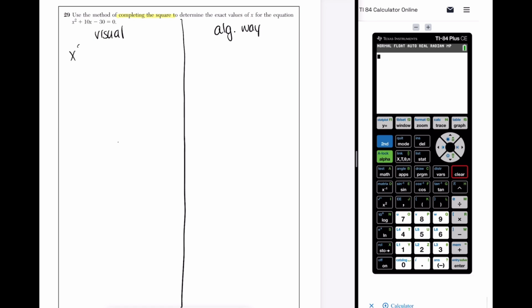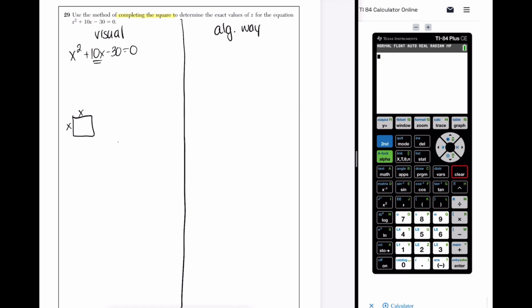So I have x squared plus 10x minus 30 is equal to 0. So if I'm starting this off, here's my first square, x times x, that's what makes it x squared. And I'm going to take that 10x and put half of it over here to complete a square, half of it here and half of it there.